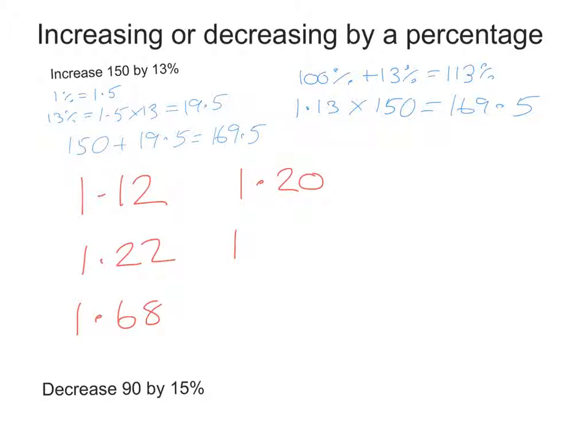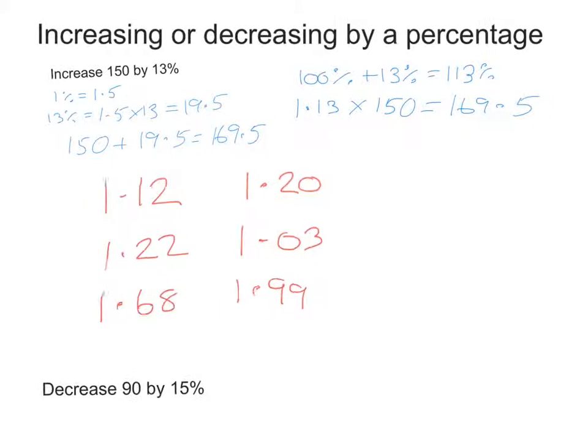If you increase by 3%, it's 1.03. So you can see your multiplier is extremely easy to work out. Increase by 99%, 1.99. So when you're increasing by a percentage, all you have to do is multiply by 1 point what that percentage was. And that's the easiest way to do these questions.